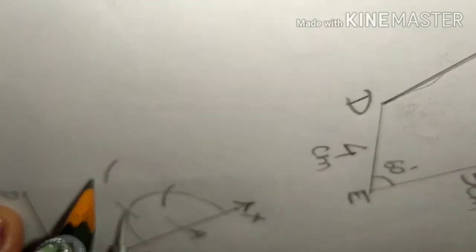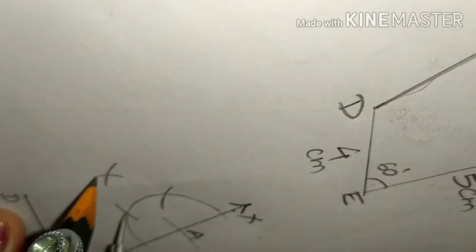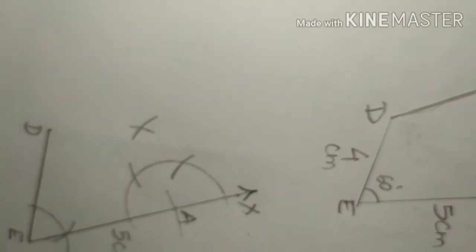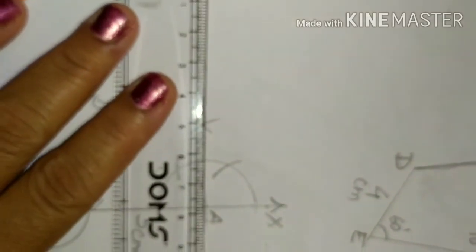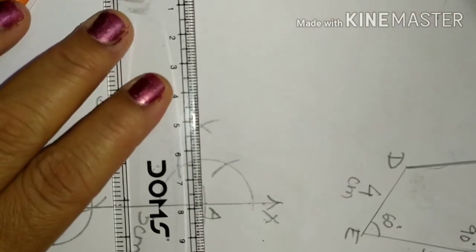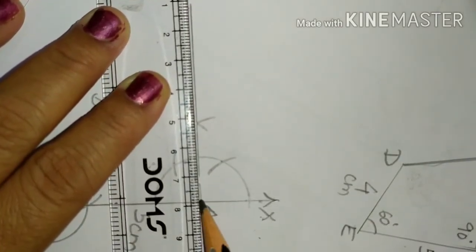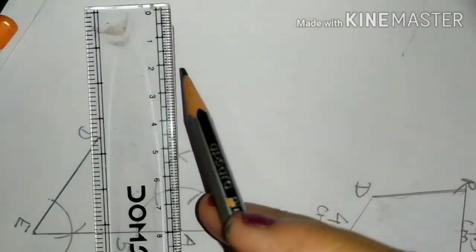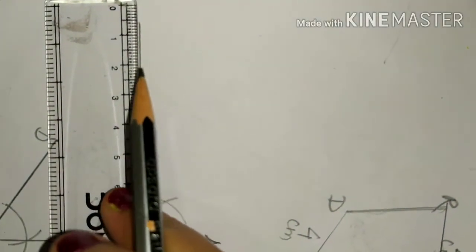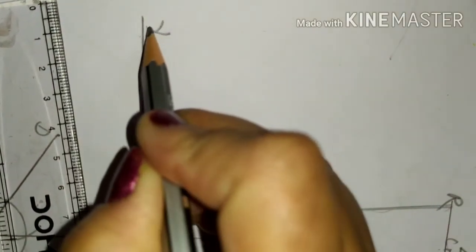Let these two arcs intersect each other. This will be the point for taking 90-degree angle. So we will join this point with A. Again extend it further and mark here point Y.